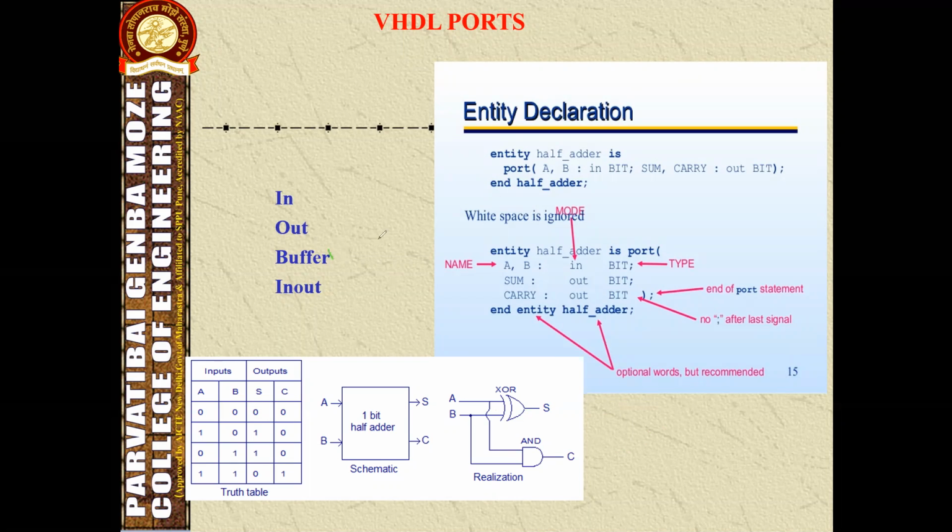Buffer is nothing but a port which contains both output and input, but it can have only one source. The port can appear on either the left side or right side of the assignment statement. A buffer port can only be connected to another buffer port or to a signal that also has only one source. Then next, in out.